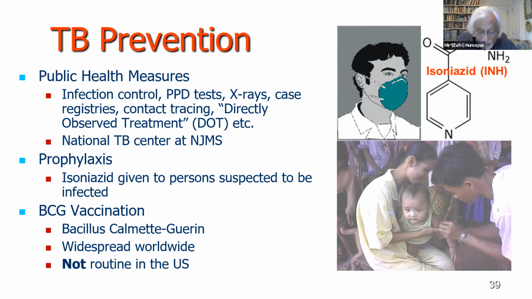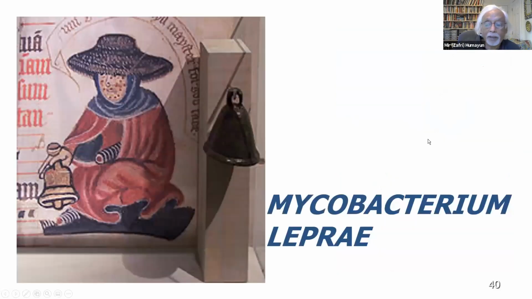If everyone is BCG vaccinated, then everybody is going to react to the tuberculin test. That's the reason why we don't do that. Now, sometime in the future, when there is an alternative method, perhaps we could consider BCG vaccination, but we do not currently give BCG vaccine to children. Okay. With that, we move on to the next major mycobacterial species, Mycobacterium leprae.